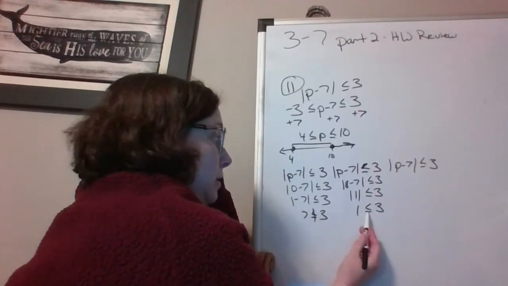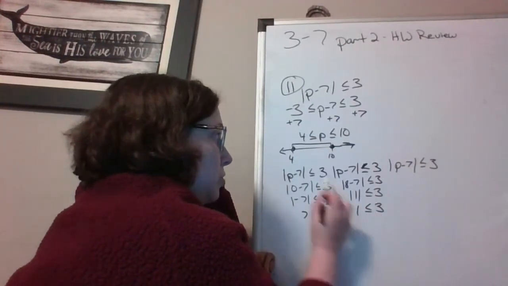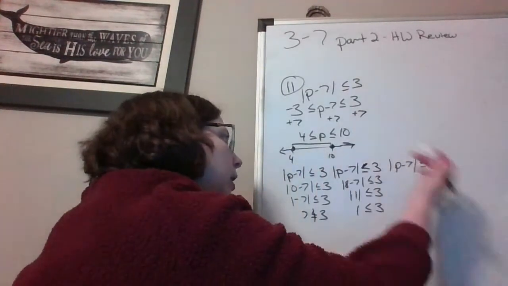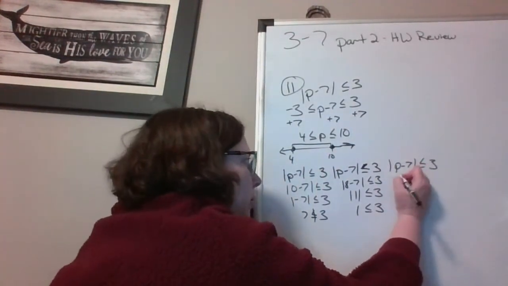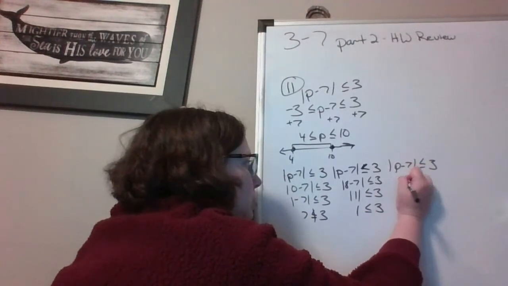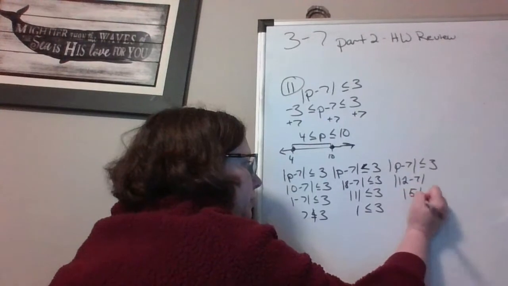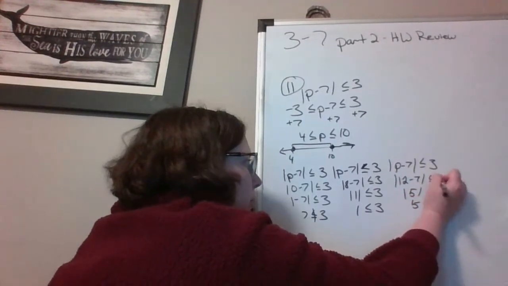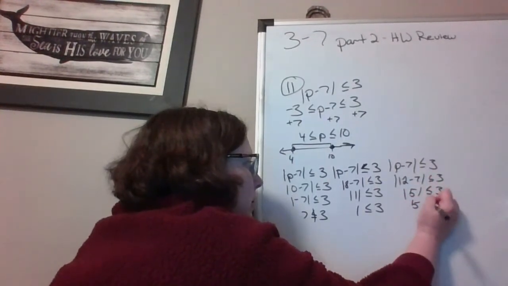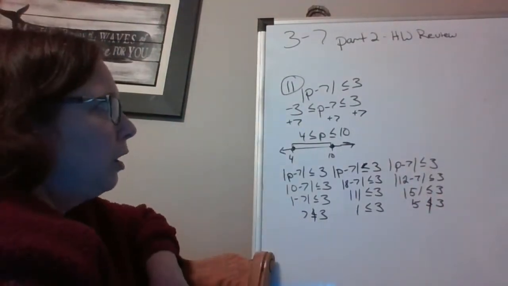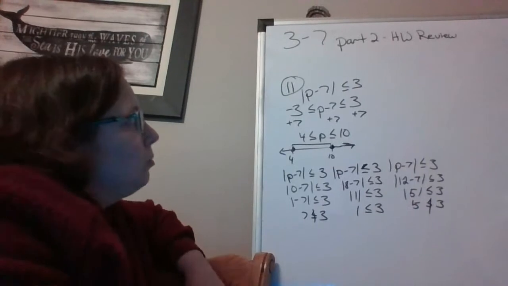One is less than or equal to 3. That is true, which is good because it's where it should have been true. And then we need something bigger. Let's use 12. We get 5 is less than or equal to 3, which of course is not true. So there's number 11.